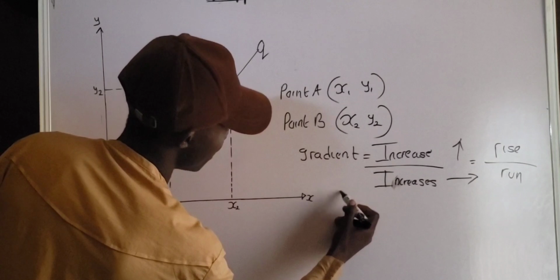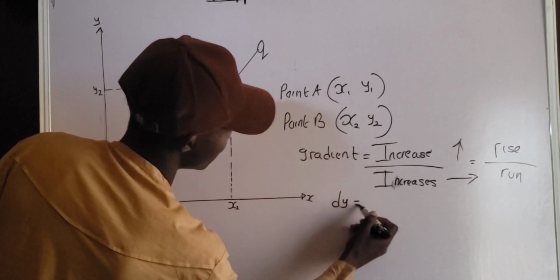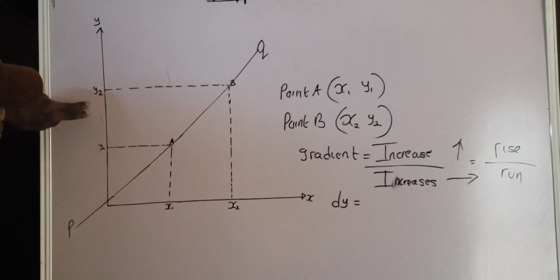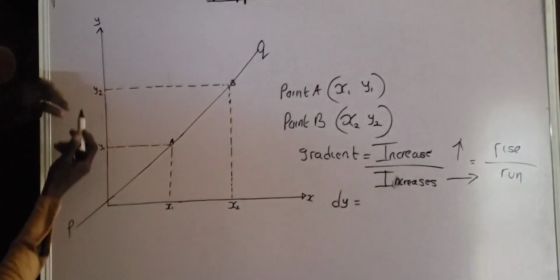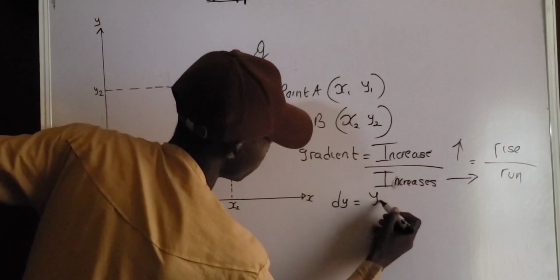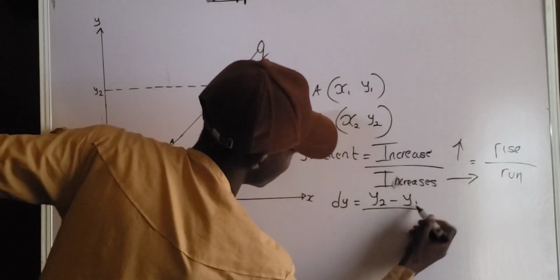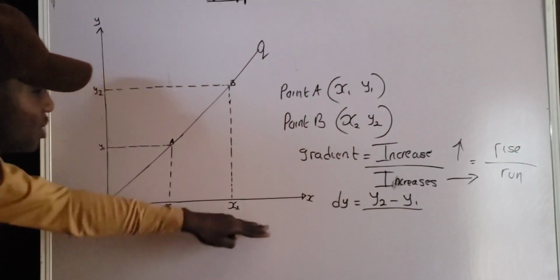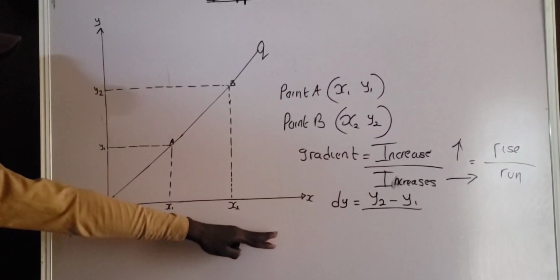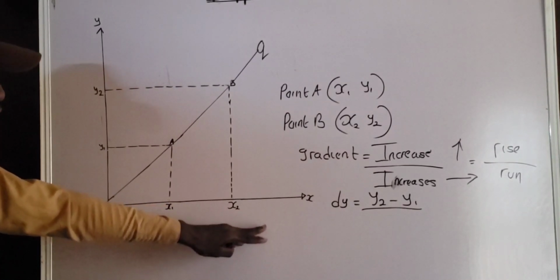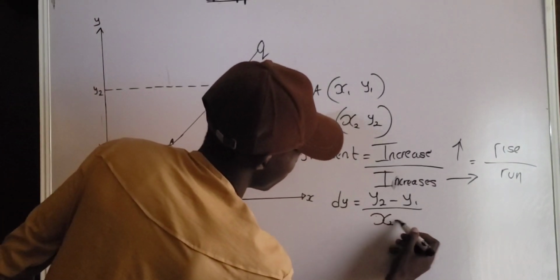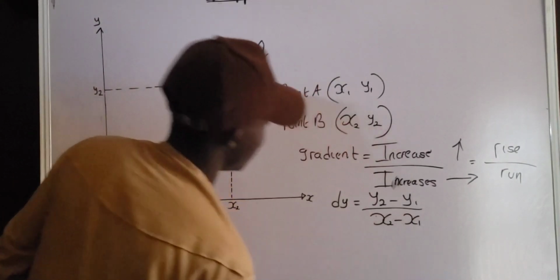Change in y will be y2 minus y1, that is the difference between this and this, all over the change in x, the change in the horizontal distance. That is the run. So that will be x2 minus x1.